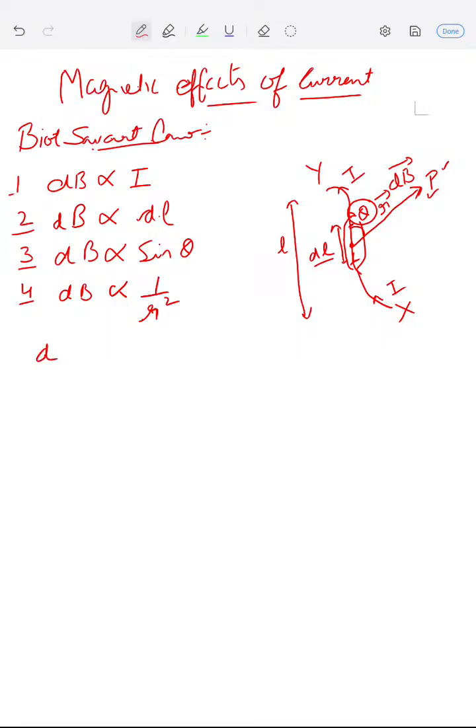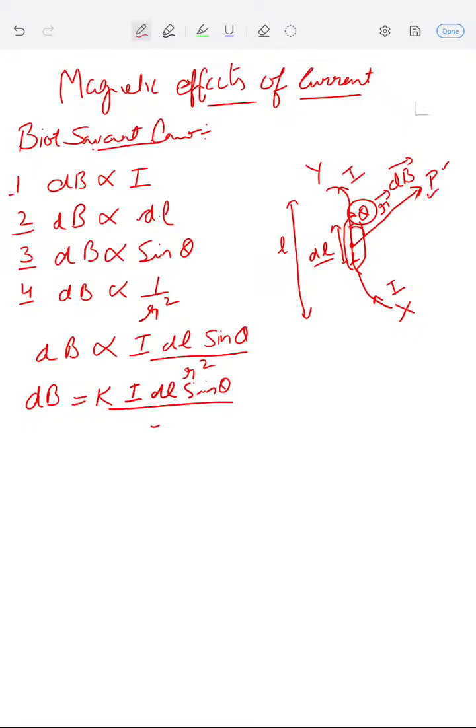Combining all these 4 points, we get I dl sine theta divided by r square. Removing the proportionality sign, dB is equal to k I dl sine theta upon r square. This k is a constant term.